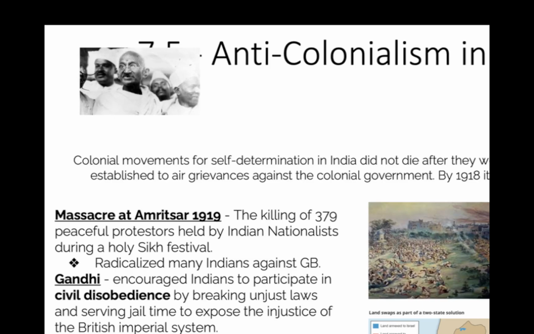It is opposed by Gandhi. He does not want it. He wanted a unified India. Muhammad Ali Jinnah comes up with a two-state solution. Okay? Why is this important? Because eventually it will happen.